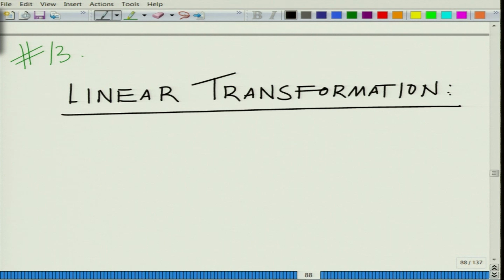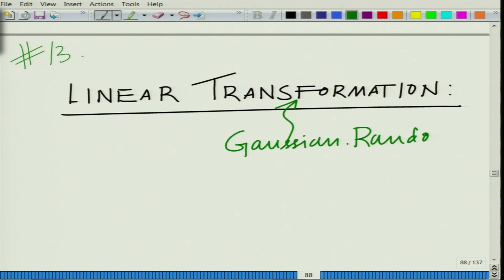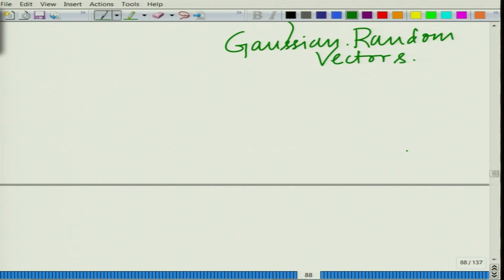Linear transformation of Gaussian random vectors. What do we mean by this?